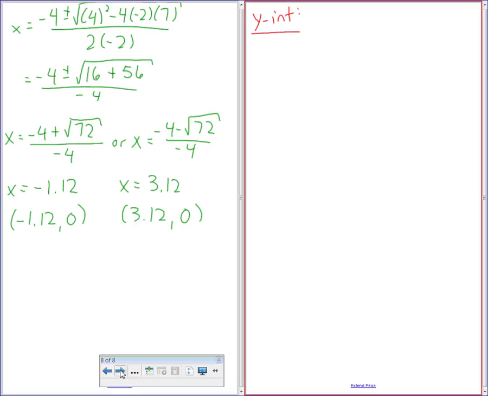Yeah, so set x equals 0. So our original equation was y equals -2x squared plus 4x plus 7. Therefore, my point is going to be 0, 7. So all you need to do for this is all the x's disappear, and you're just left with your c value as your y value.